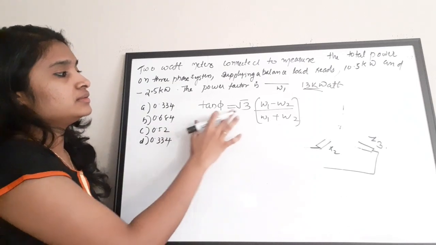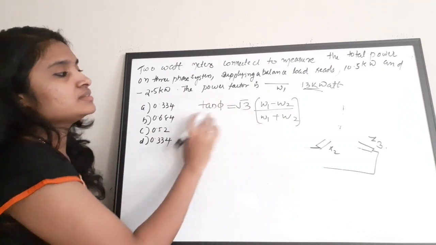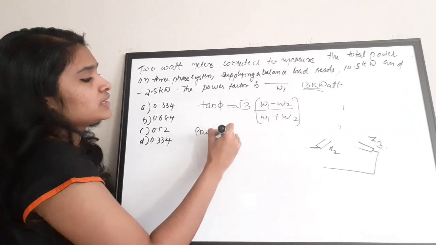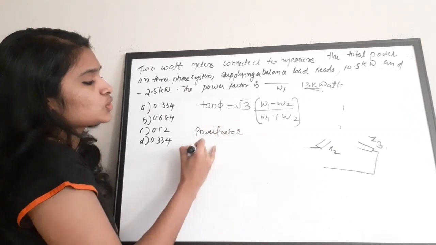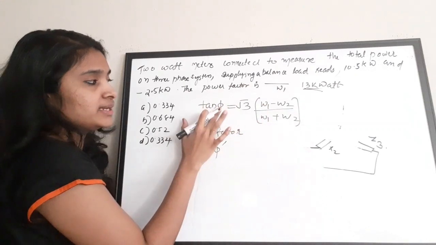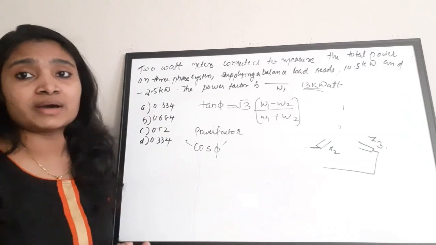If this is the relation, then the power factor is defined as cos phi. So from this relation, we have to calculate phi, then take the cosine of it. Then you will get the power factor.